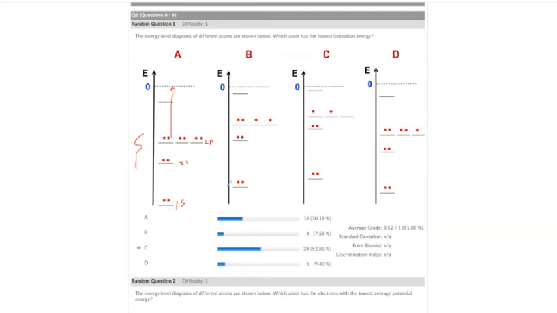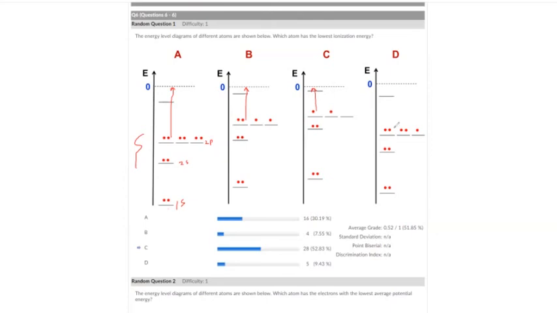And then for atom A to remove electrons, you need to provide this energy, and for atom B, you have to provide this much energy. So you can see it is less. And then atom C, it is even less. Again, they're further away from the nucleus.